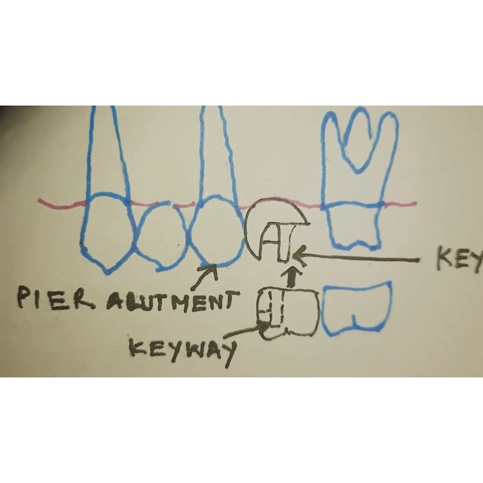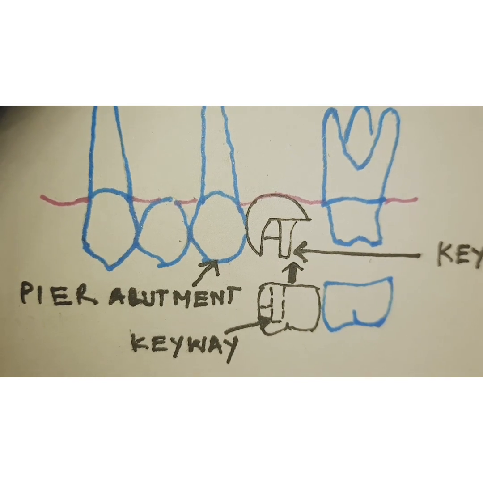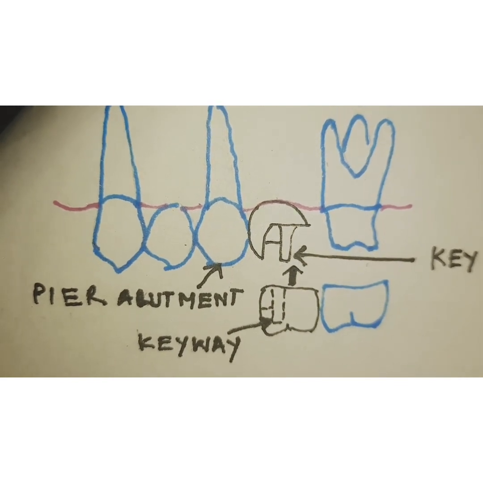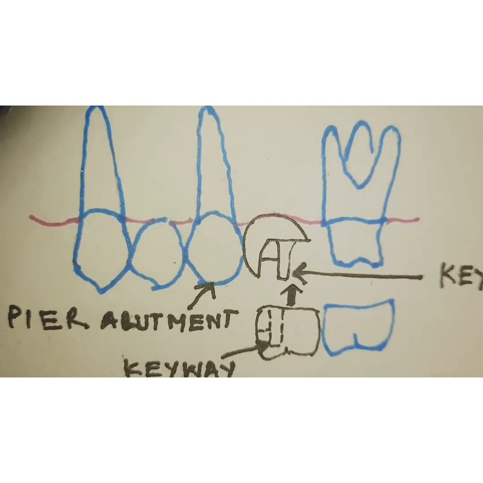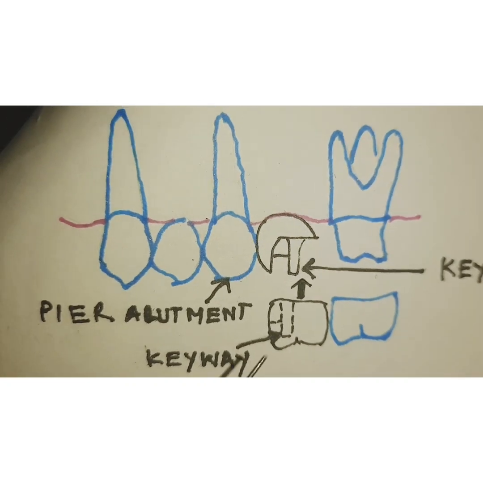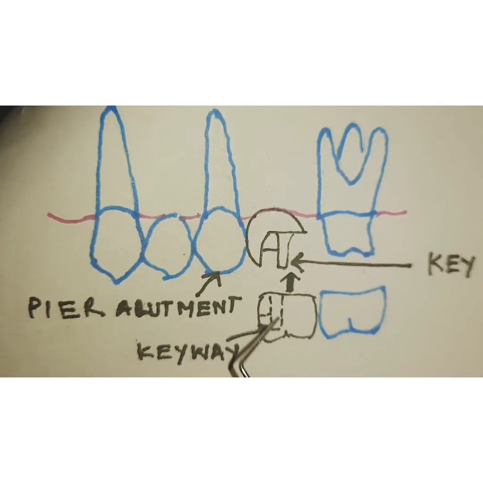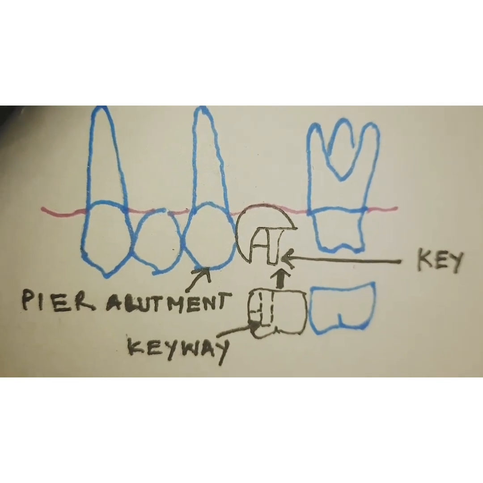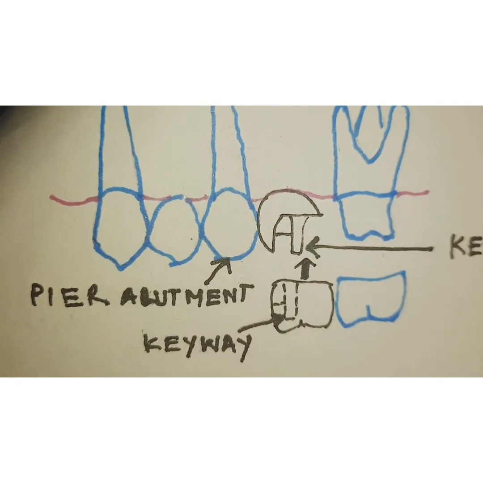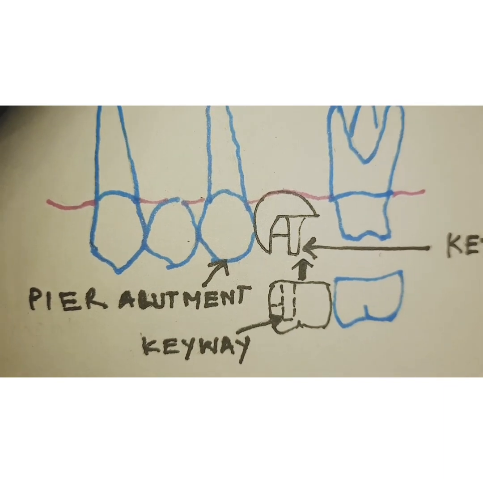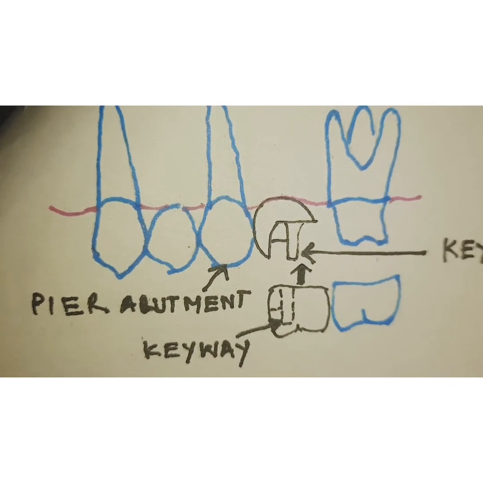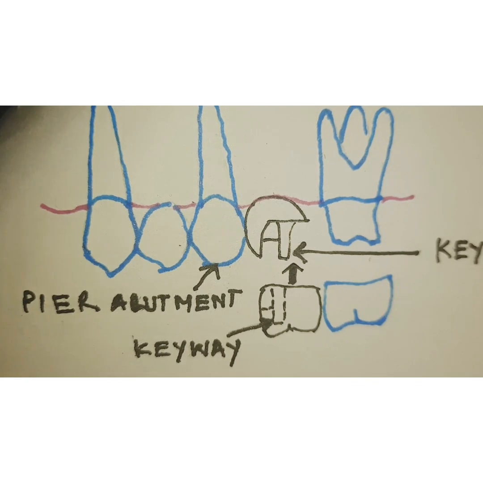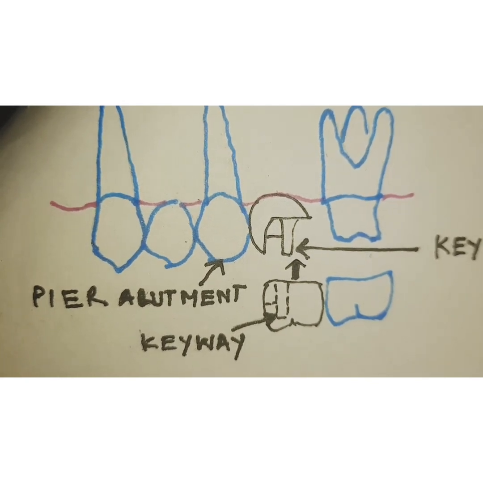You can use a surveyor for the sake of parallelism between the two parts, because if these are not parallel to each other, then they are not going to align together and fit properly. Because of the precise fit, cement is not used between the two segments of this pontic. So this is about your split pontic.